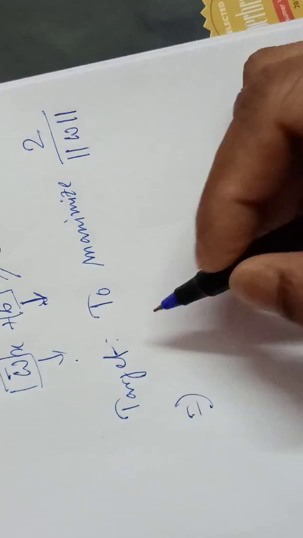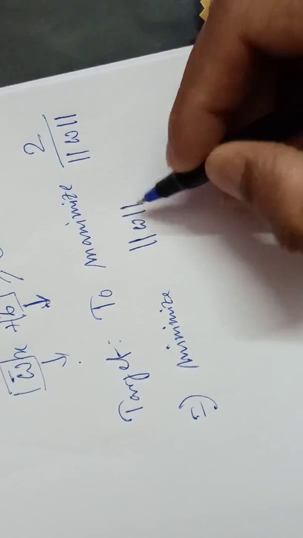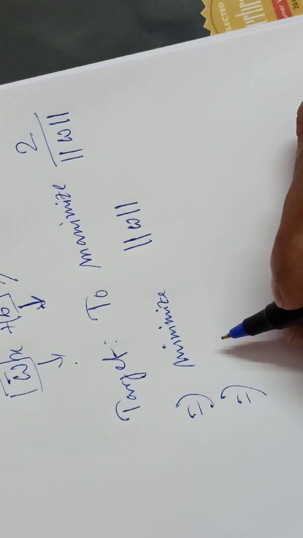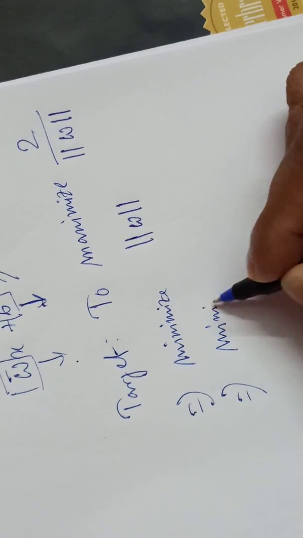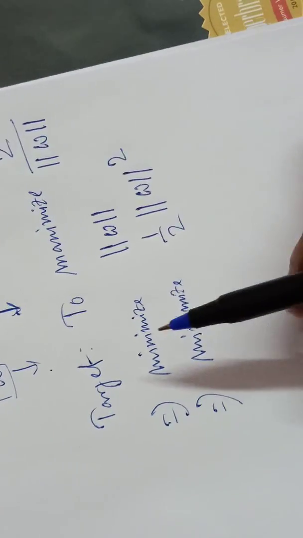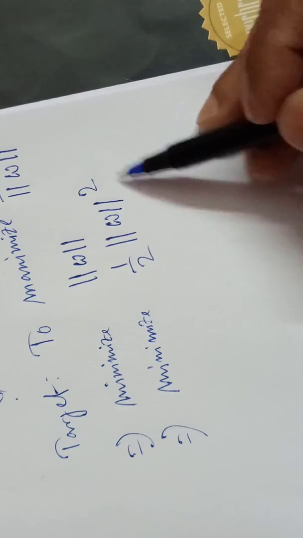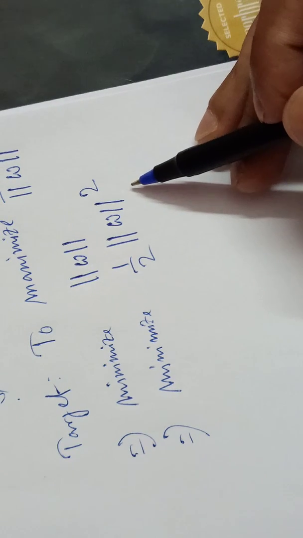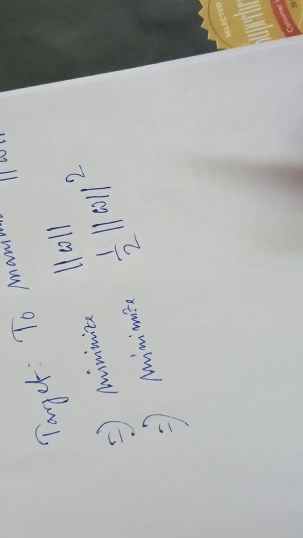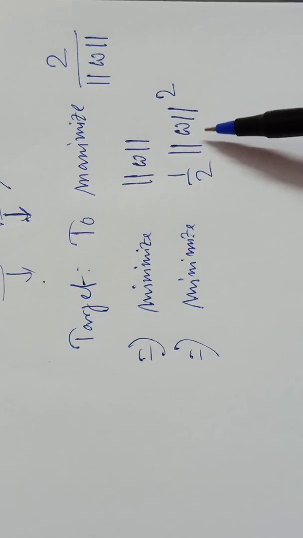In other words, what we can write is to minimize this. Okay, for mathematical convention, we can write to minimize half of this, which is the same. If the problem is to minimize this, it will be equivalent to minimize half of this, because this value is positive and we can apply any function to this one. Okay, right. So the target is now to minimize half of this one.